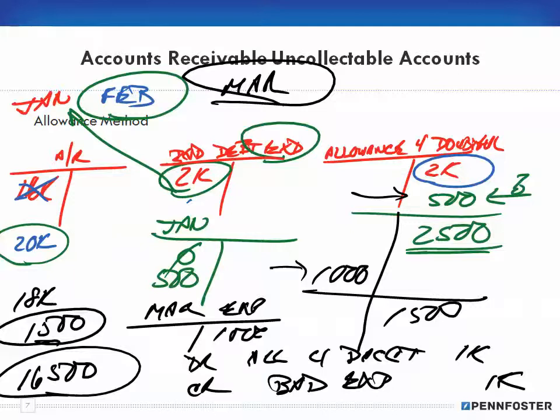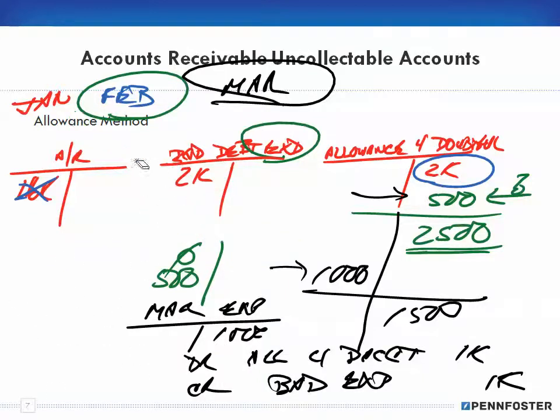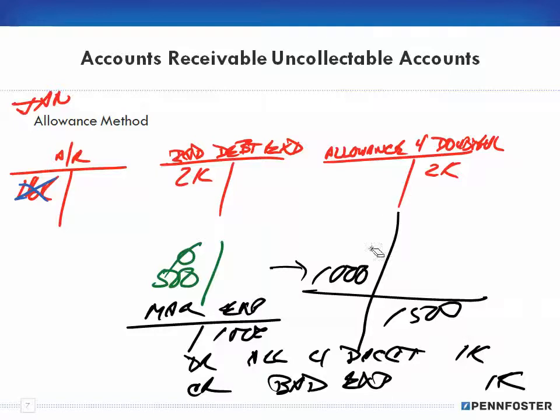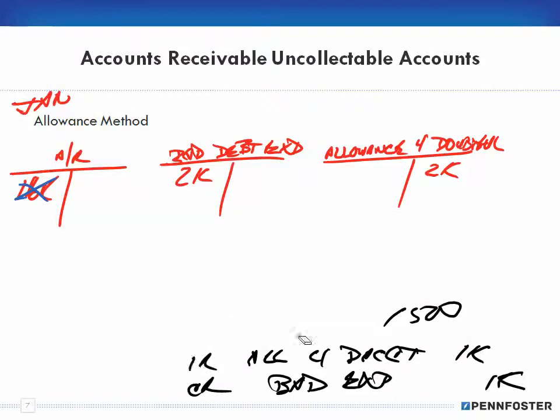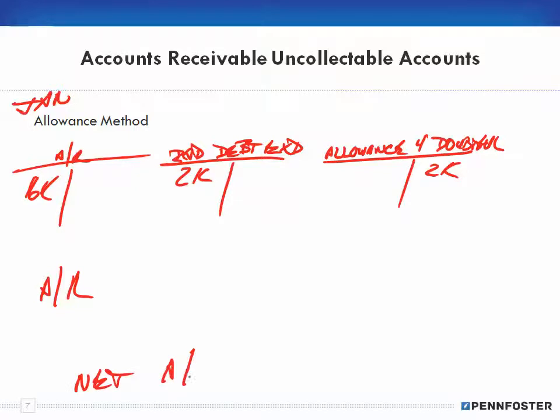Okay, and that works fine when you're thinking about it from a 1 month perspective, when you're looking at just this particular month. They seem to understand that. But where a lot of people go wrong is, what do you do in the next month? They don't realize that the whole idea, intent, and purpose is that you have your accounts receivable, and you want to know what your net accounts receivable is.